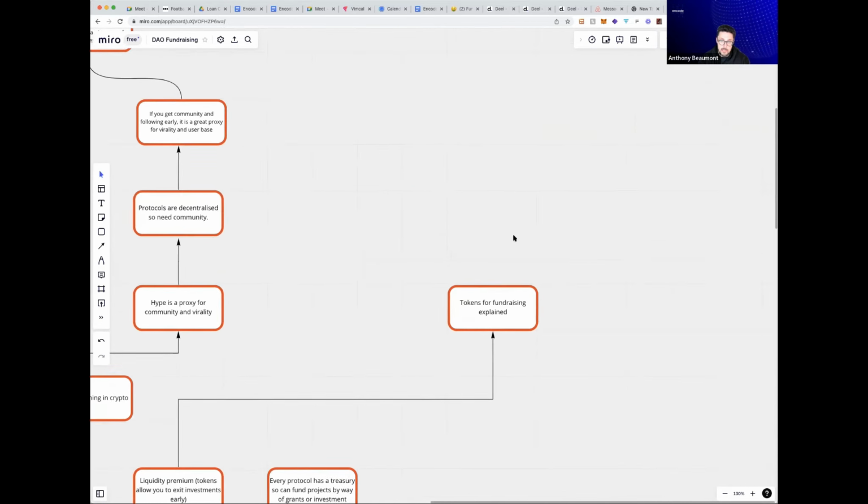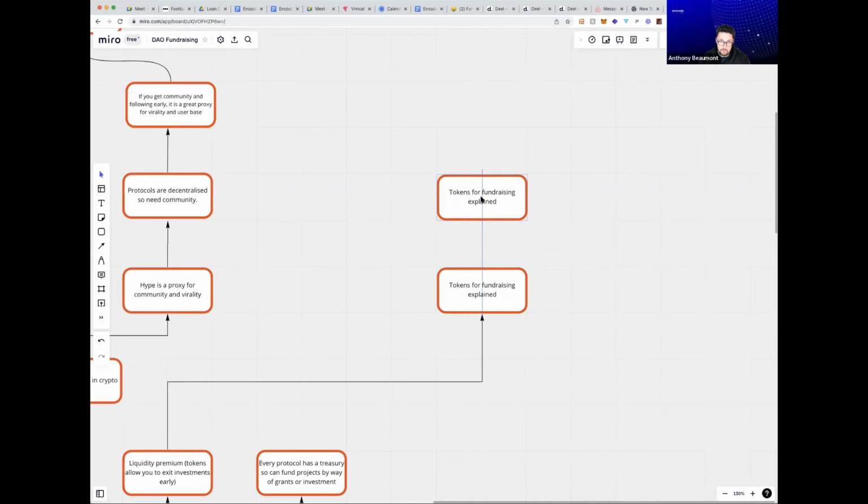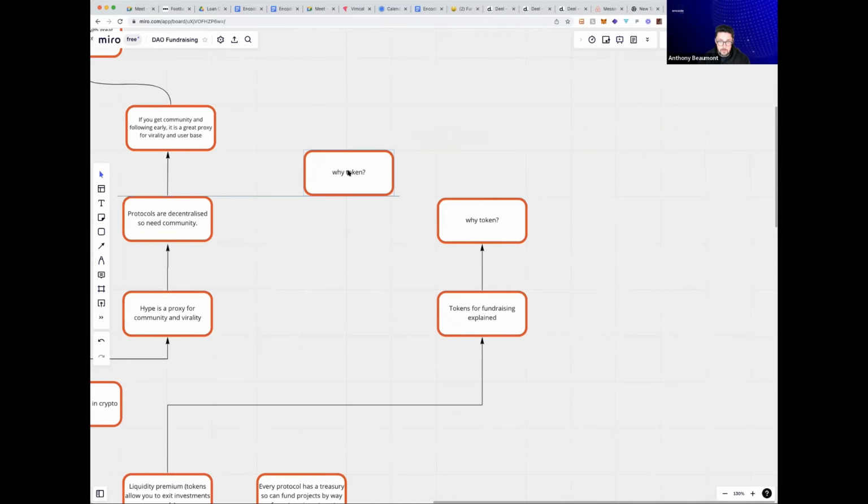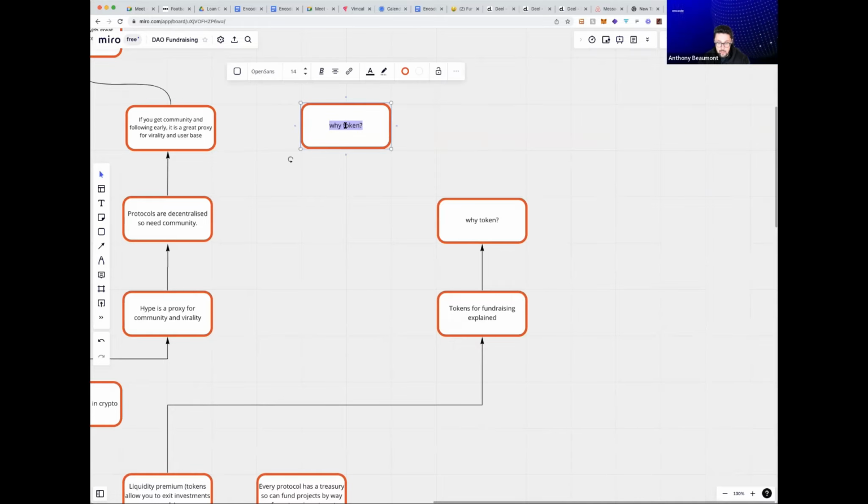So why would you do a token in the first place? Well, a few reasons. One is that it binds the community together and incentivizes people to work towards the whole.